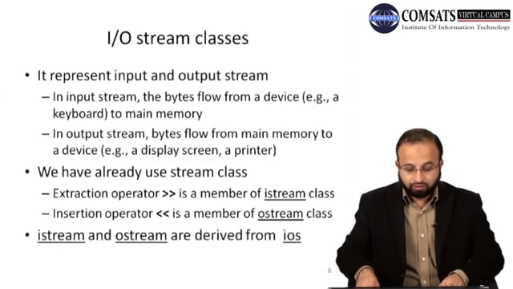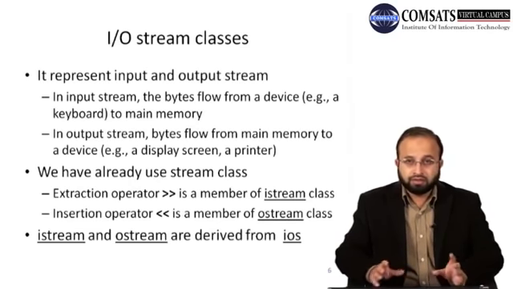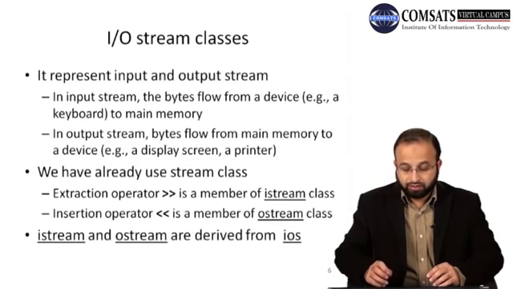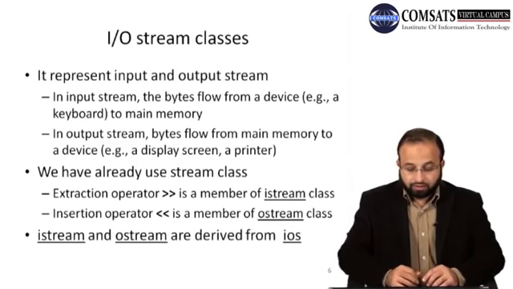So istream and ostream are both derived from the ios class. ios is the base class of all the stream classes, and istream, ostream and fstream and all such classes we'll see later in today's lecture. They are all derived from the ios class, right? So ios is considered to be the base class of all the stream classes.